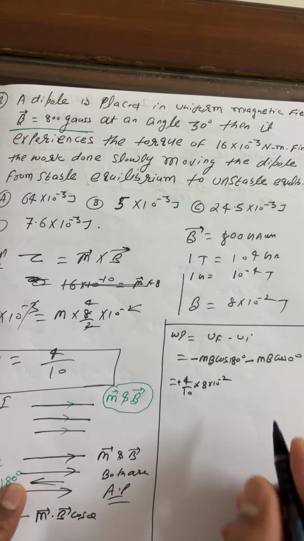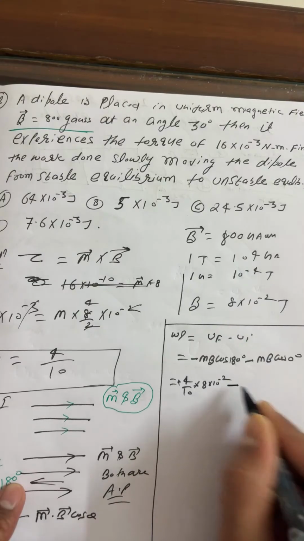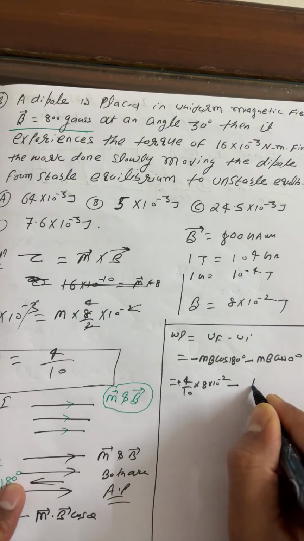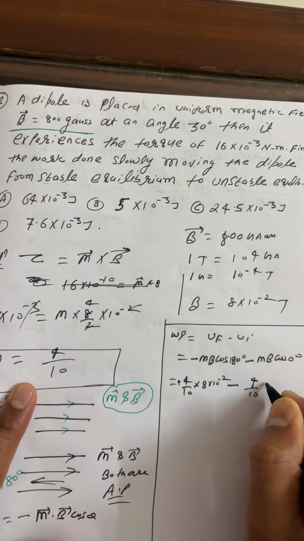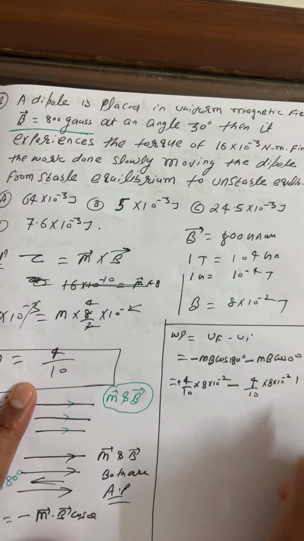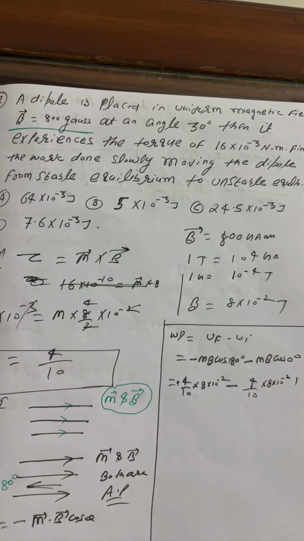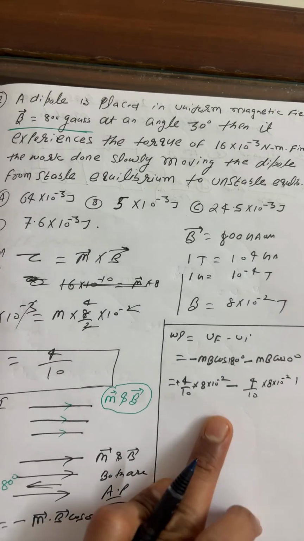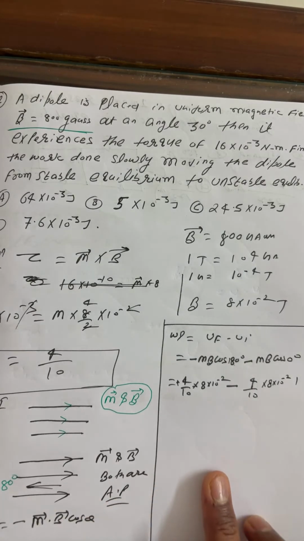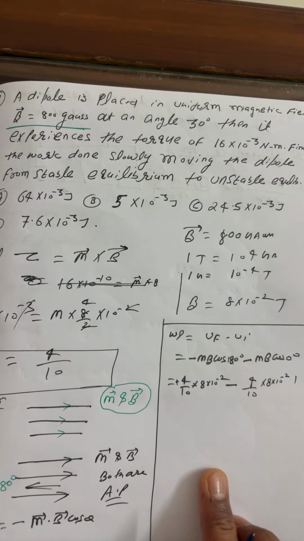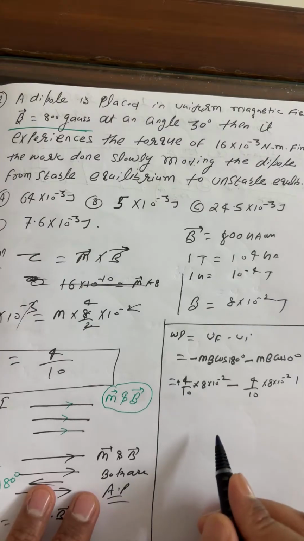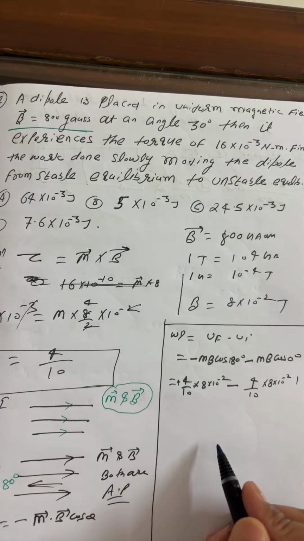Then minus the magnetic moment, again 4 upon 10, and what we found here, 8 into 10 to the power minus 2, cos 0. Then do one thing here: minus and minus is plus here, because this is cos 180 degrees. 16 by 40, 8 into 4.